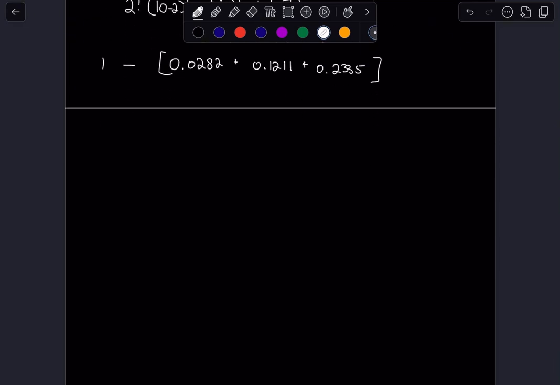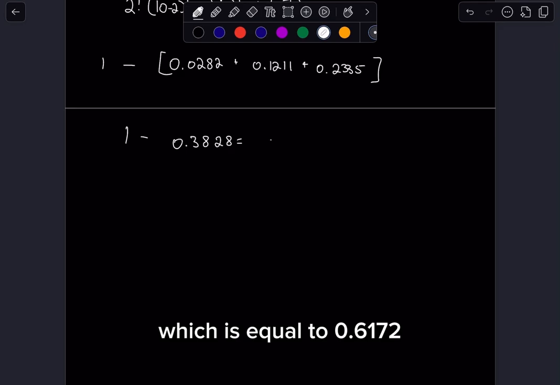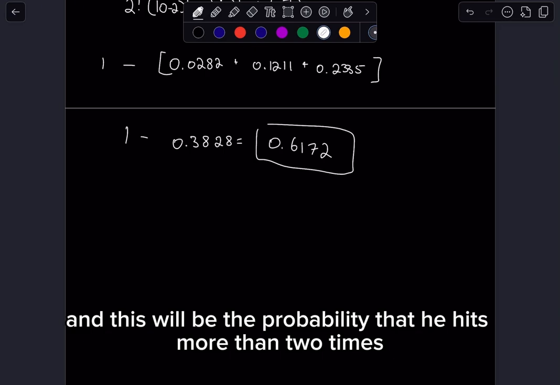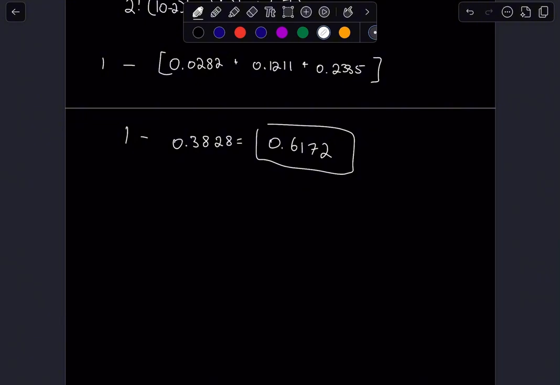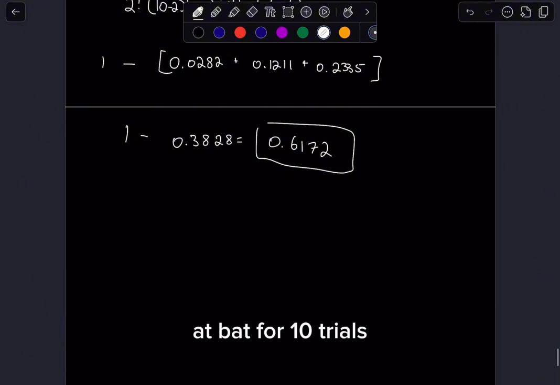So when we simplify, it's going to be 1 minus 0.3828, which is equal to 0.6172. And this will be the probability that he hits more than 2 times at bat for 10 trials.